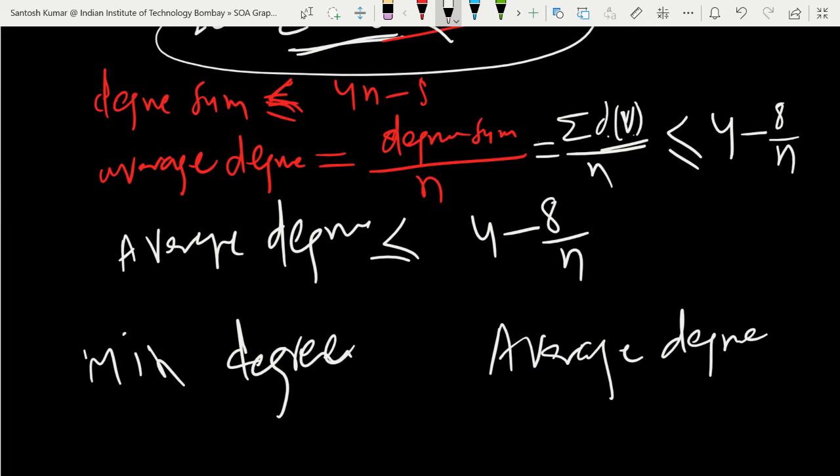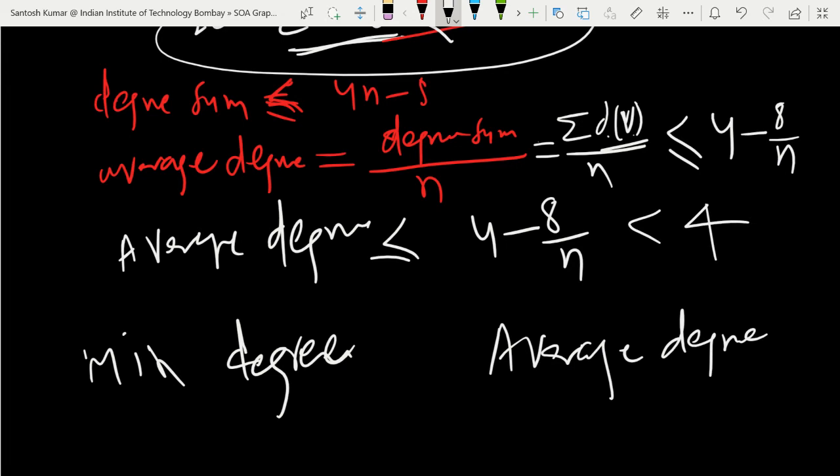Suppose you have 100 numbers, you find their average, and you look for the minimum number. Which one will you find larger? Yes, this average is strictly less than 4.